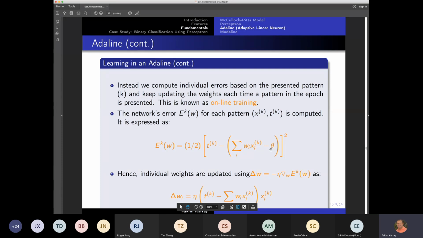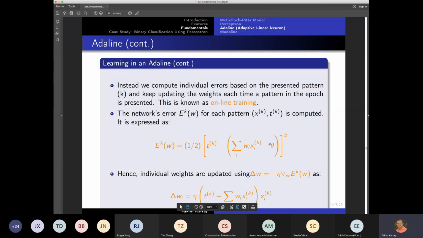What we did was utilize that artifact where theta is involved as part of the summation, where we utilize x_0 as an artificial input value of -1, and we include theta as equal to minus omega 0. So this is plus omega 0. Now instead of starting from i equal to 1 to n, we're starting from i equal to 0 to n. That's why we don't have the minus theta.